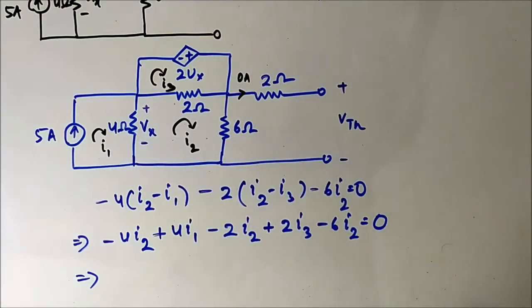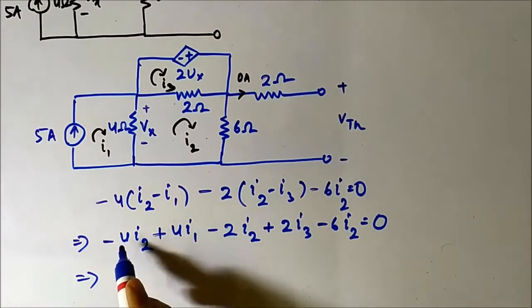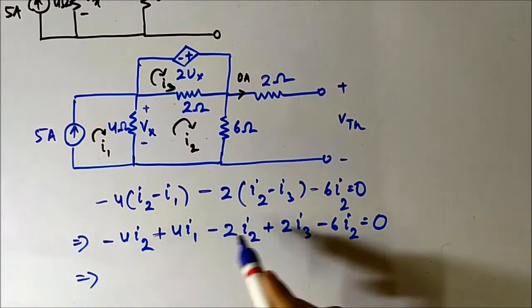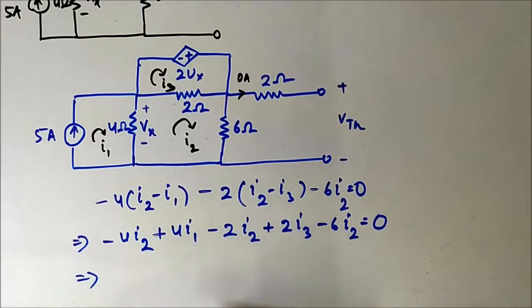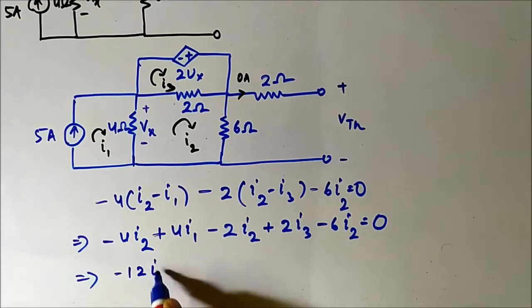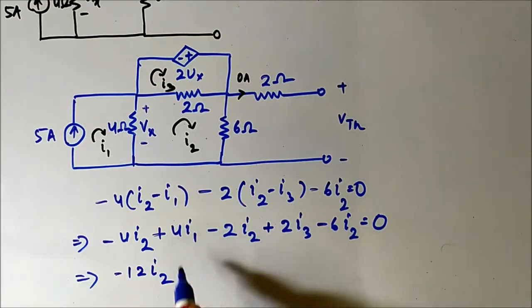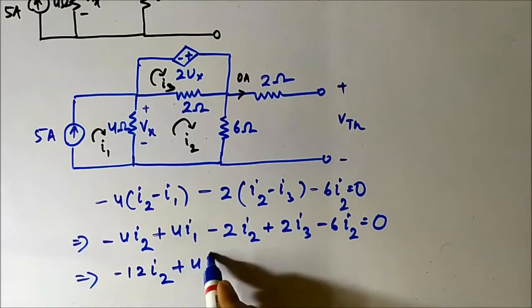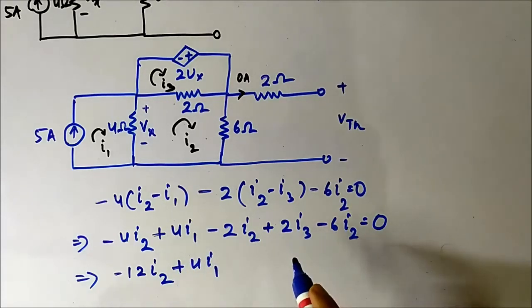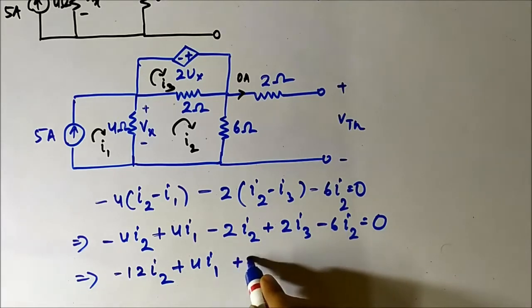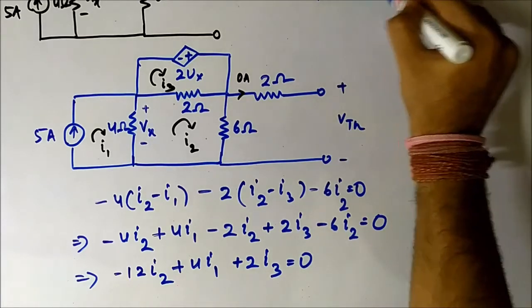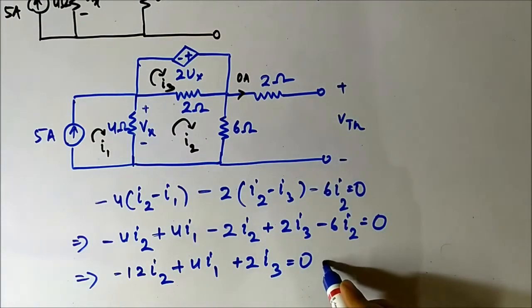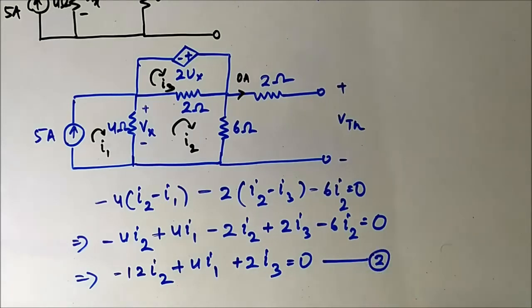First write the equation, then we'll do the other things. Bring all the coefficients together: I2 terms, minus 4I2 minus 6I2 minus 2I2, just minus 12I2, plus 4I1 plus 2I3 is equal to 0. So this is the second equation.